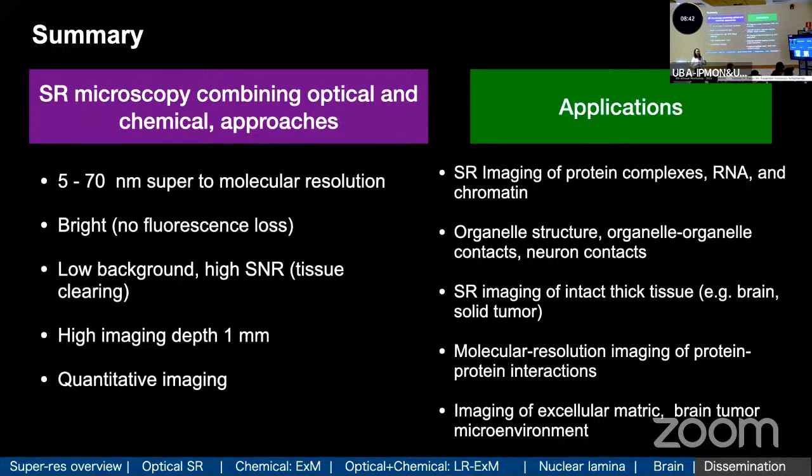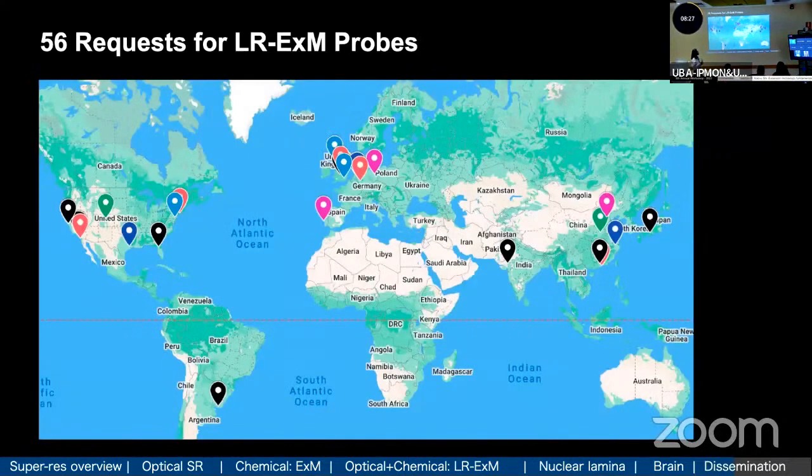You can section your sample at 1 millimeter thick and use expansion microscopy to image them, at molecular resolution, of course. You can also image the extracellular matrix, brain tumor and microenvironment to see the interactions between cells.